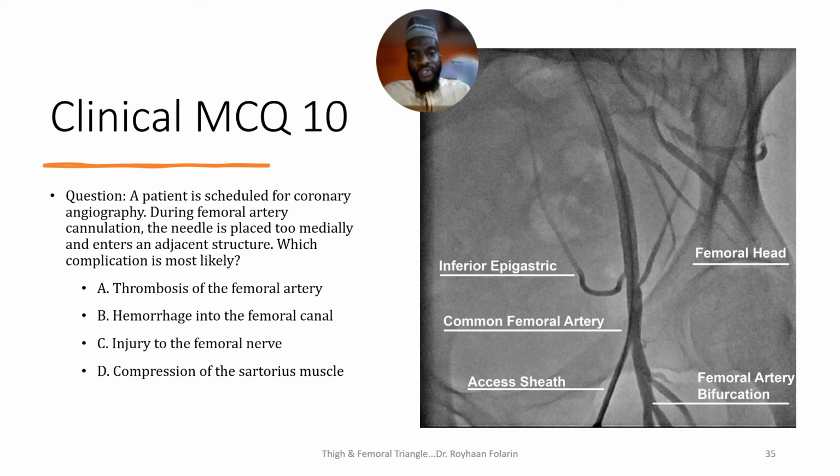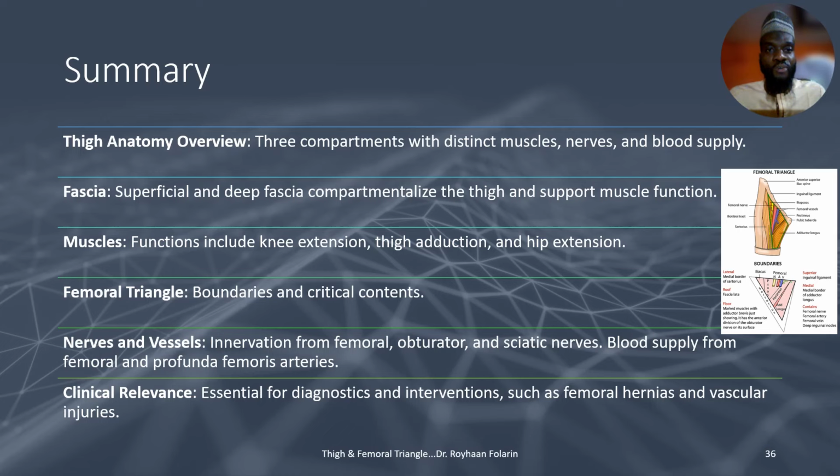So is it thrombosis of the femoral artery, hemorrhage into the femoral canal, injury to the femoral nerve, or compression of the sartorius muscle? Which of these could be a complication? So drop your answer in the comments.